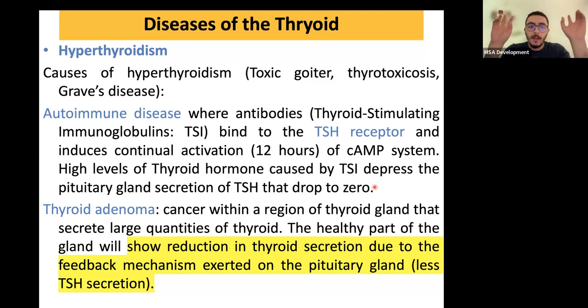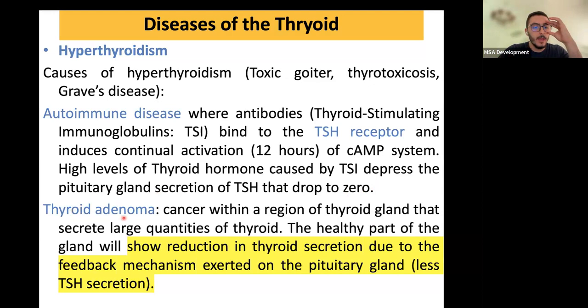Remember, the very high levels of thyroid hormone will negatively inhibit the anterior pituitary from secreting TSH. So if you draw a blood sample from a patient with Graves' disease, you will find their TSH to be very low, or basically zero, and their T3, T4 very high. Why is that? Because we have an antibody taking the action of TSH basically.